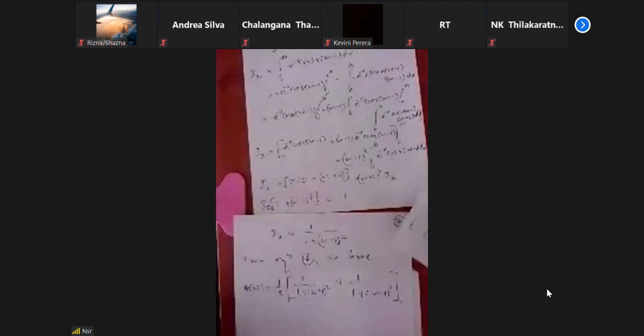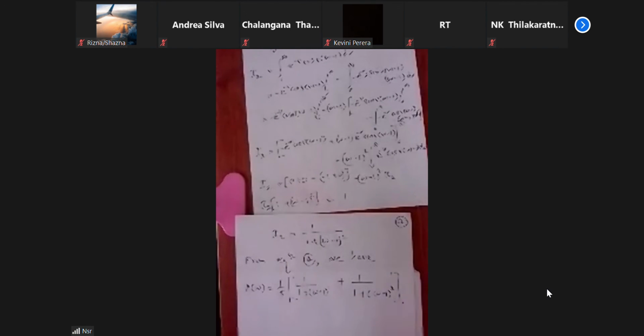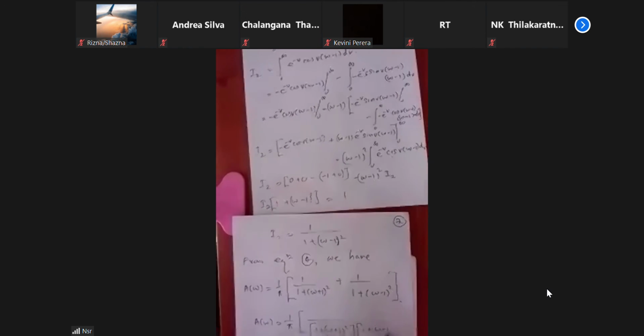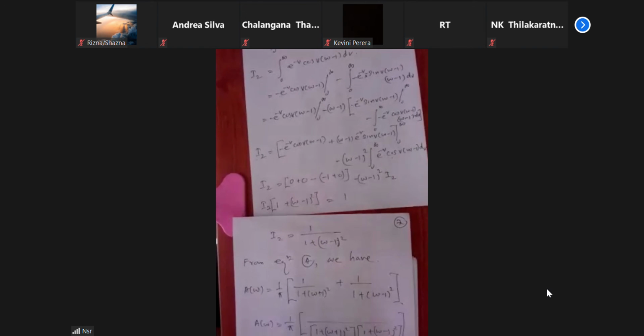So now you simplify these two expressions to get the value for A omega. So 1 over 5 into, you can simplify, take the common denominator, 1 plus omega plus 1 square into 1 plus omega minus 1 square. And when we take this one, we have omega square minus 2 omega plus 1 plus 1, and plus when you take this one, you have omega square plus 2 omega plus 1 and plus 1.